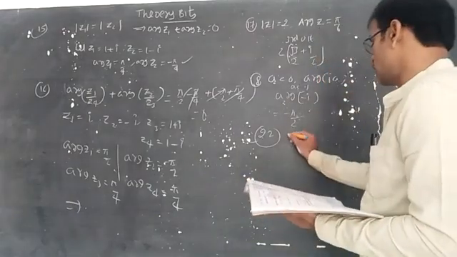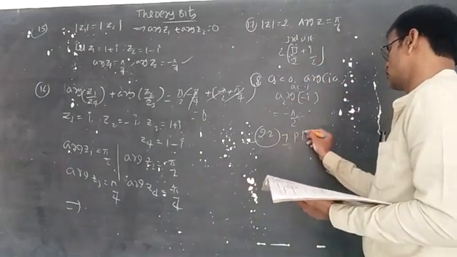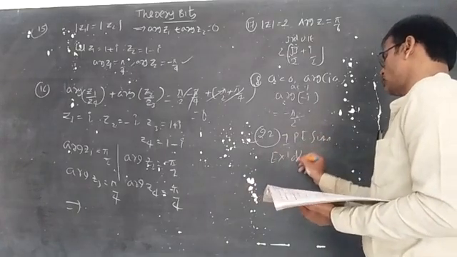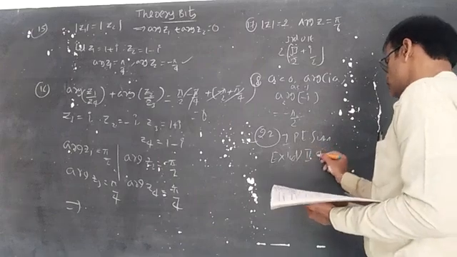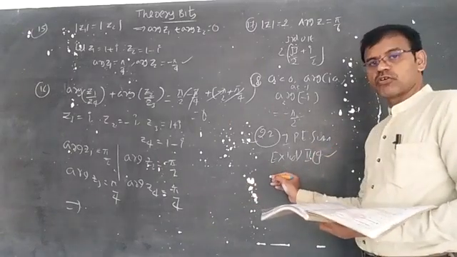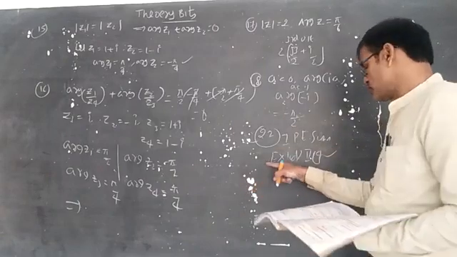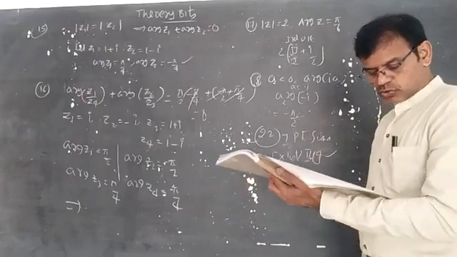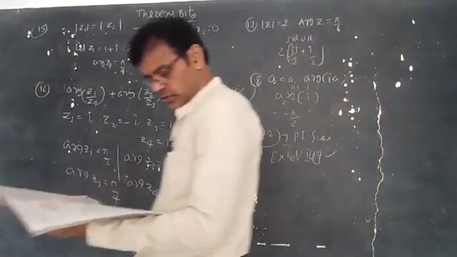This is exercise 1D, Roman number 2, fourth question. The concept is collinear, similar to the first question we discussed. The answer is collinear points.